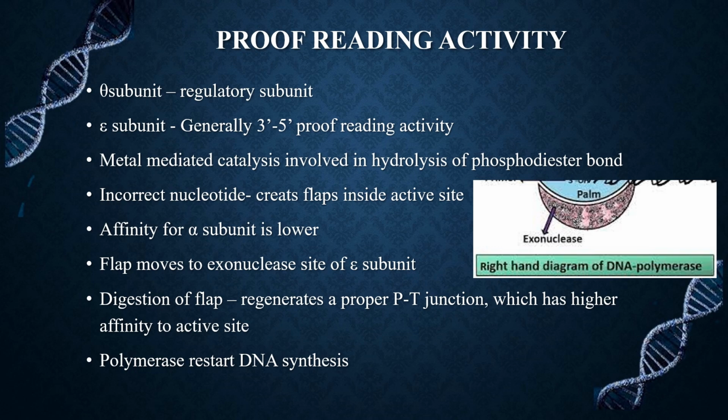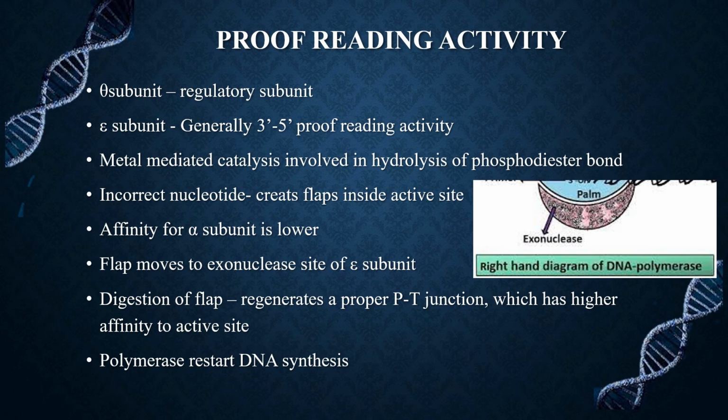So the epsilon subunit has this 3' to 5' proofreading or exonuclease activity, and this is a metal-mediated catalysis involved in hydrolysis of the phosphodiester bond. Incorrect nucleotide incorporations create a mismatch, creating flaps inside the active site, and the affinity of the alpha subunit for such flaps is low.